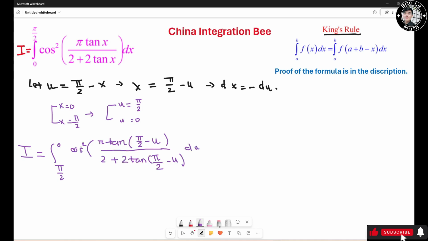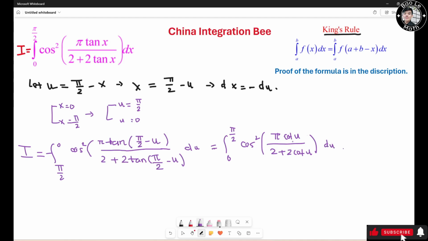So I put the negative sign in the front, and this is the same thing as the integral from 0 to pi over 2 of cosine square of pi times tangent of pi over 2 minus u, which means cotangent u, right? So we have cosine square of pi times cotangent u over 2 plus 2 cotangent u, du.